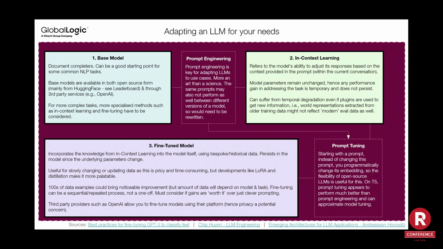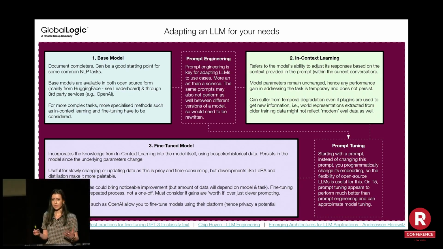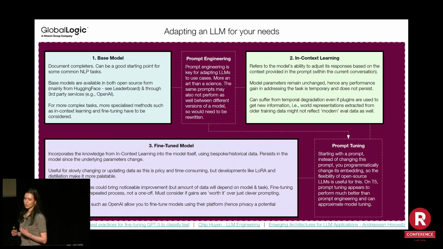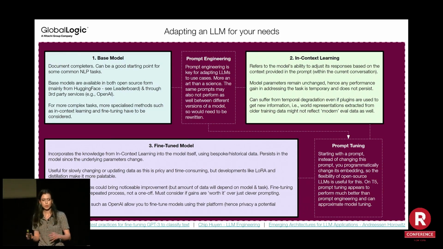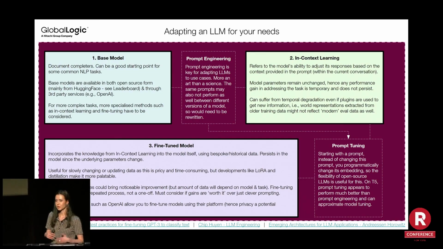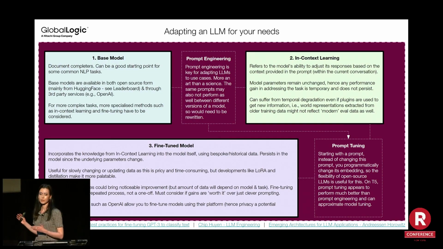Things get a lot more dicey in terms of prompt engineering that hides a lot of complexity. And why I highlighted prompt tuning in particular is for some models and in some circumstances, the way you do prompt tuning might actually get you close to the performance of fine-tuning a model. So the idea is there's a lot of assessment to do here before you actually realize which of these makes most sense for you.